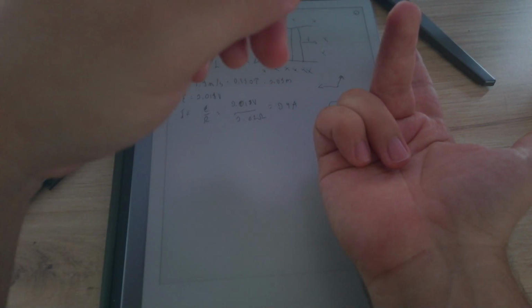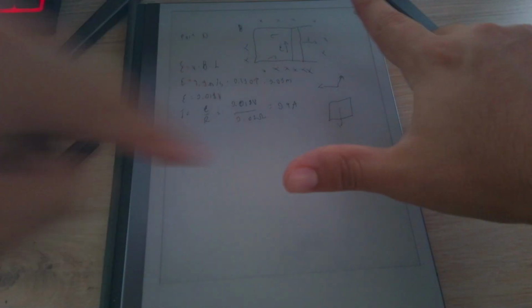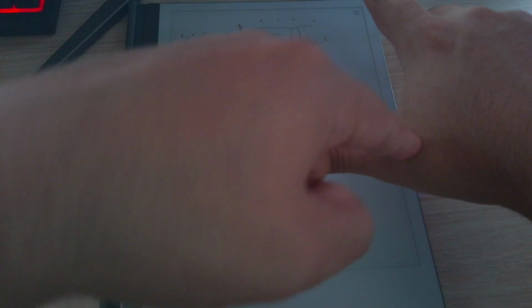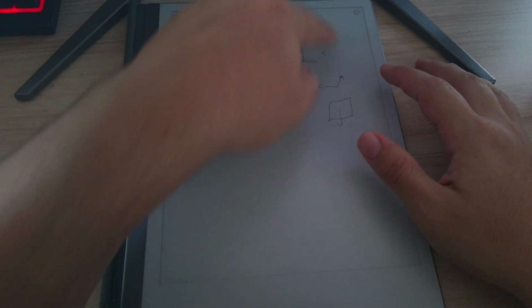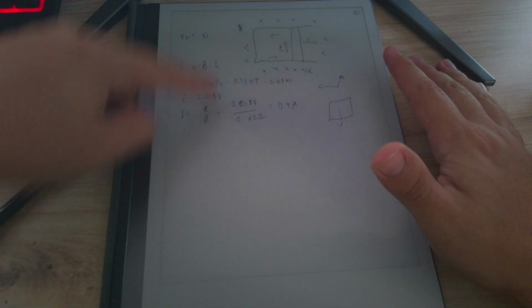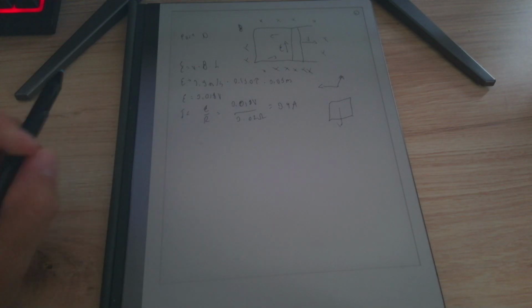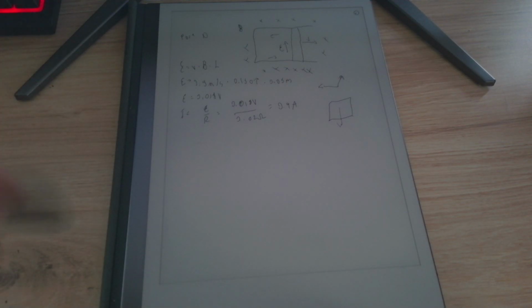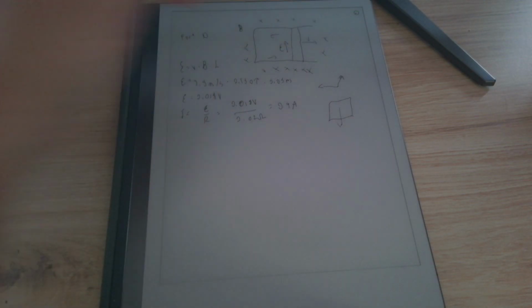Obviously, if we flip it around, because we're moving to the left, the force is moving to the left, our field is moving through it. That means that our direction is downwards, so our electrons can be moving in a clockwise direction. And that's going to answer part E, which asks to find the direction of the current around the circuit. So it's moving clockwise. Now, obviously, if it was moving to the other side, it would be moving counterclockwise.